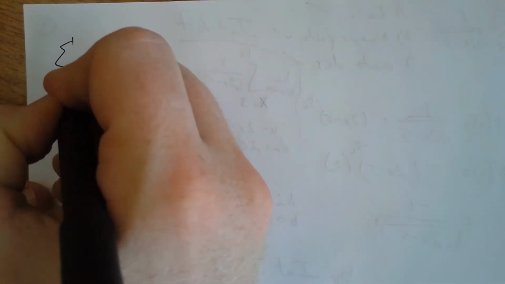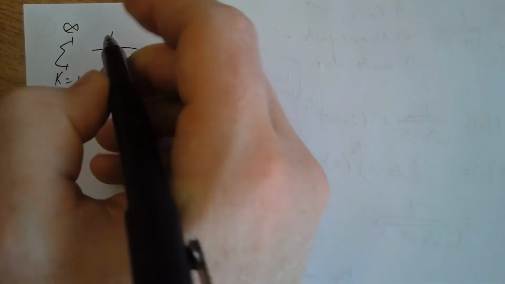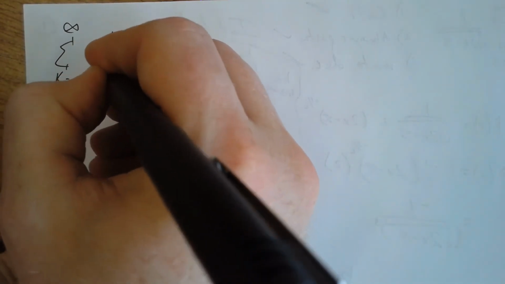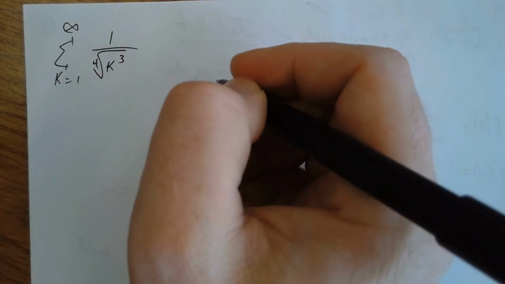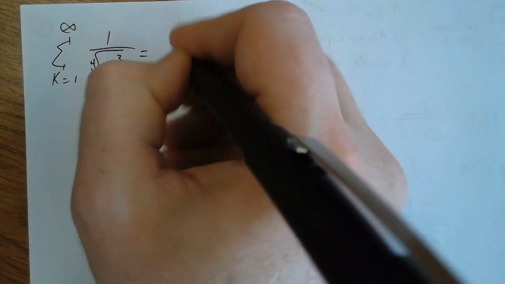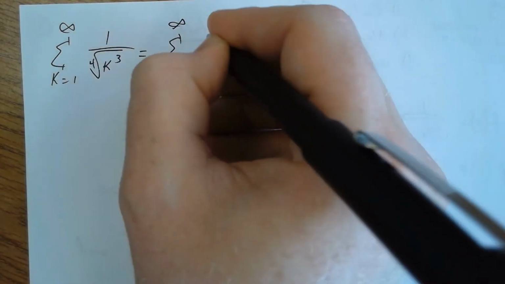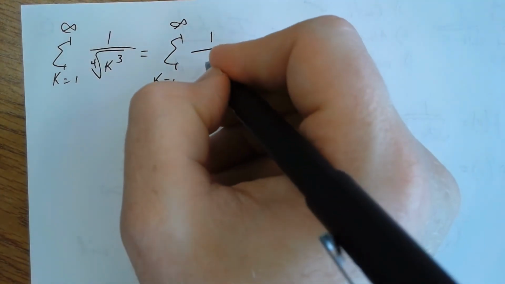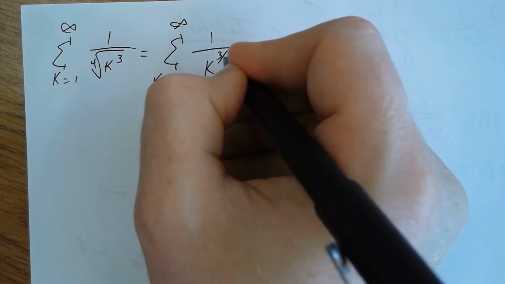So if we were to start looking at a couple of examples of the p-series, we might look at something that looks like this: the summation of k equals 1 to infinity of 1 over the 4th root of k to the power of 3. Well, this is a p-series, and if I manipulate it a little bit so that I can see it more appropriately algebraically, it's k to the power of 3 over 4. Again, the root goes into the denominator of the exponent.